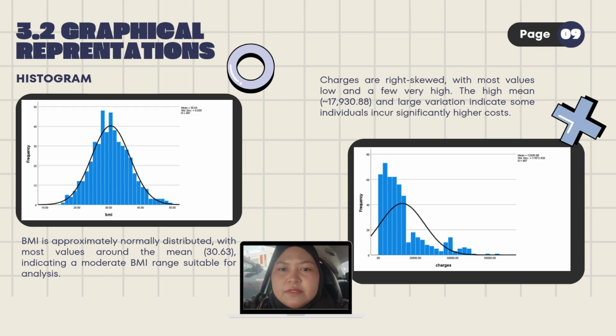This type of distribution is useful because many statistical methods assume normality. In conclusion, these graphs help us better understand the data. The charge variable shows high variability and skewness, while gender and BMI are more balanced and stable.